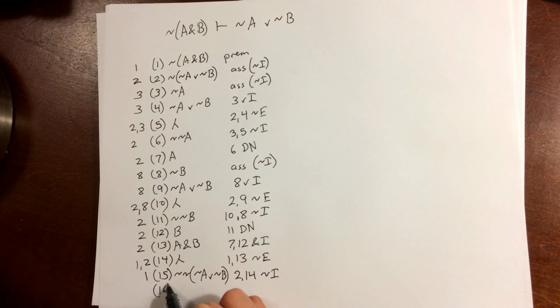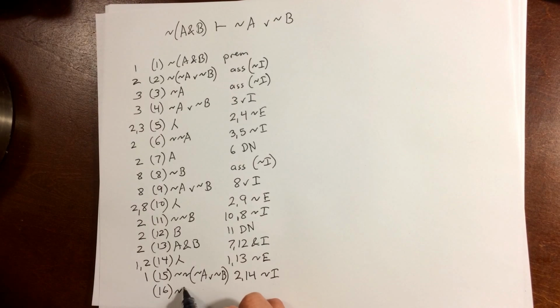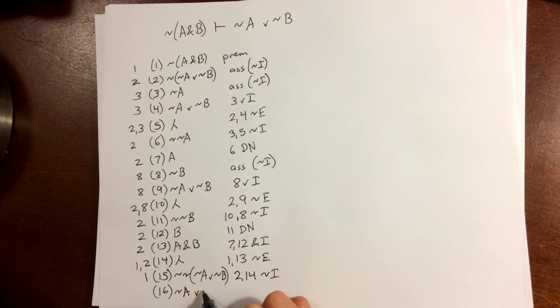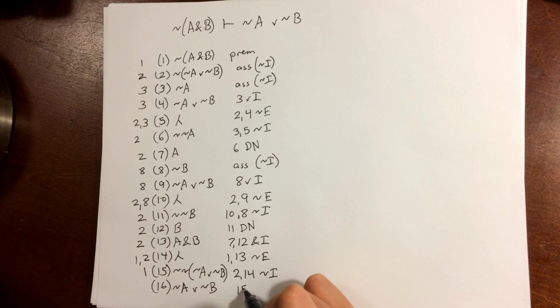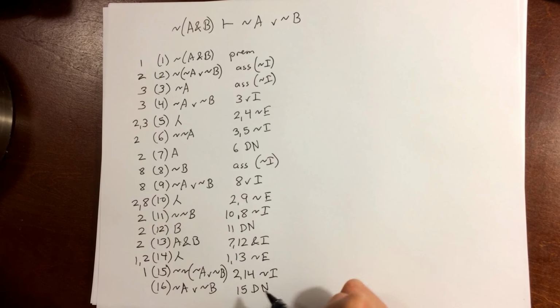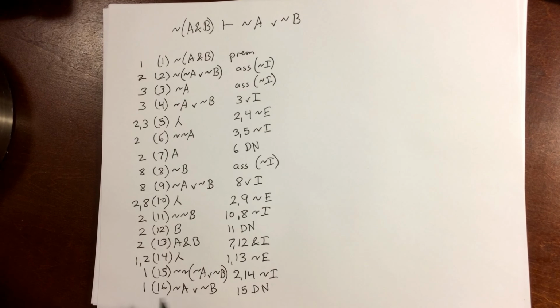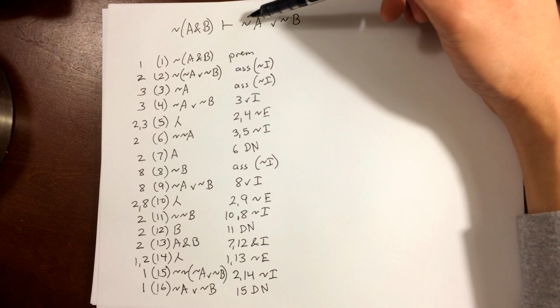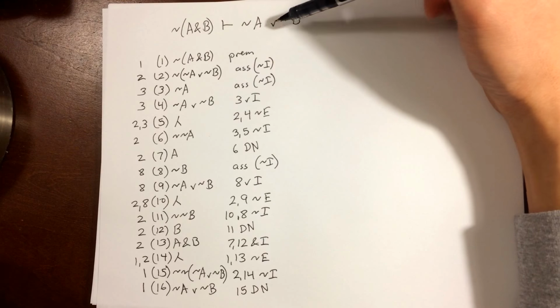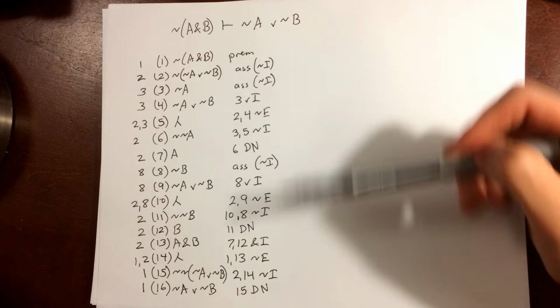And so on line 16, we use double negation to produce not A or not B. So here, not A or not B comes from 15, double negation, and depends only on 1. So we've just proven that not A and B entails not A or not B, and this is how we did it.